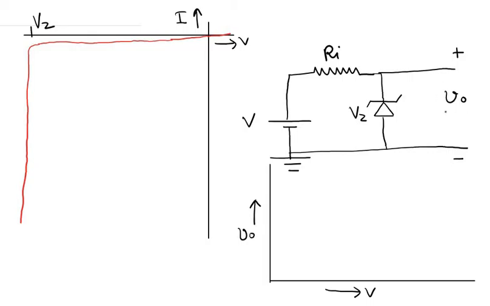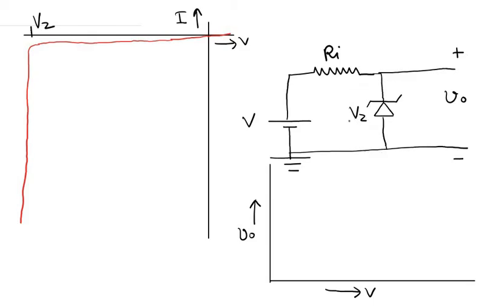So what would be the input versus output characteristics? When V is 0, the output voltage is also 0, so it starts from the origin. As this voltage V increases, since this diode is reverse biased, for small values of V no current would flow through this diode.